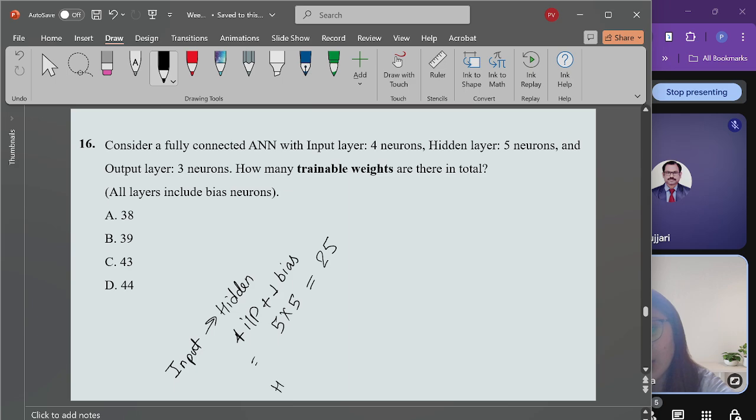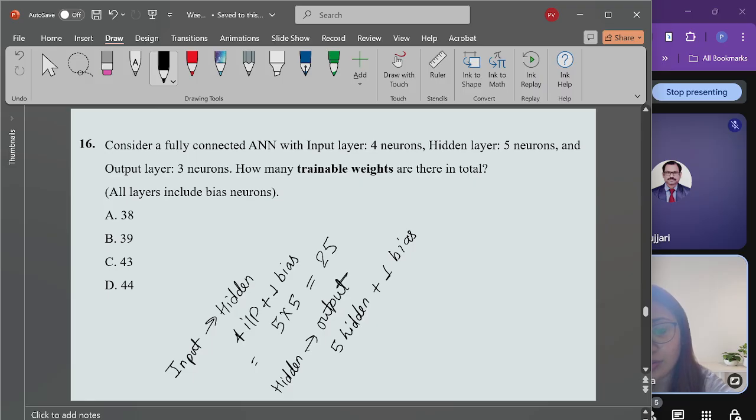Similarly, for hidden layer to output layer, how many trainable weights will be there? The hidden layer is 5, plus 1 bias, because they have said that.